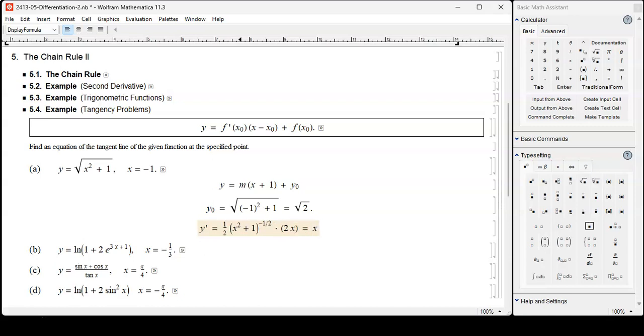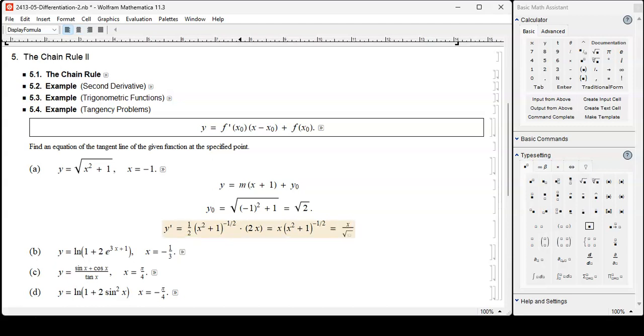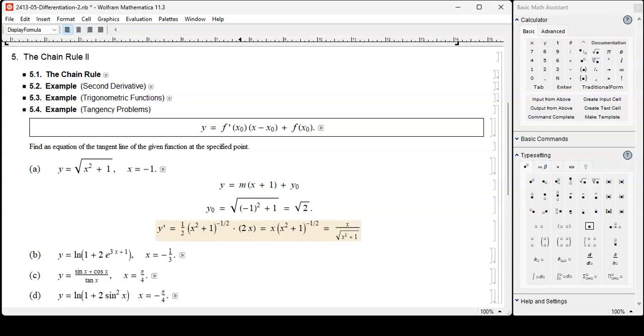X times x squared plus 1 to the -1/2 power. The 2 and 2 cancel out, so we just have x, and the 1/2 power goes to the denominator. So x over the square root of x squared plus 1. Looks like we're going to get that expression there.